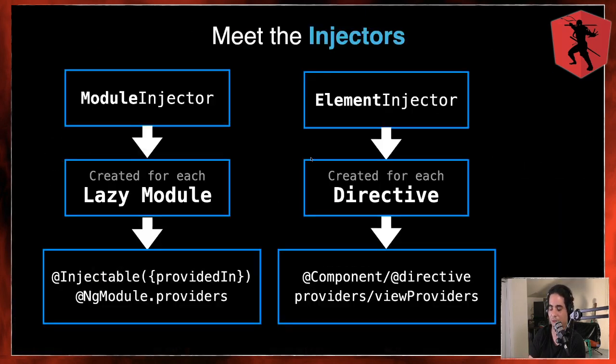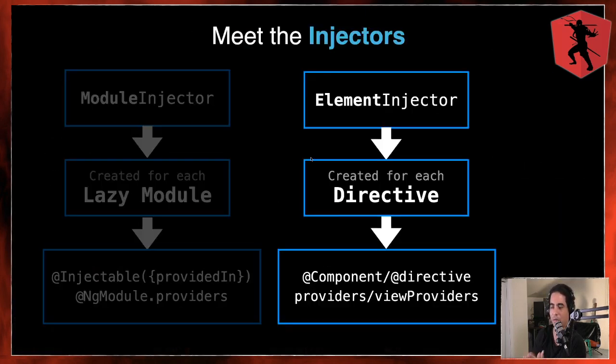This first session was about the node injector, the element level injector. Angular creates an injector for each component and directive, which are technically the same type because component extends directive.